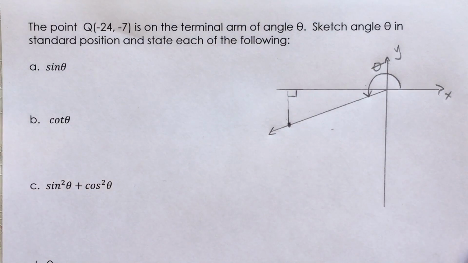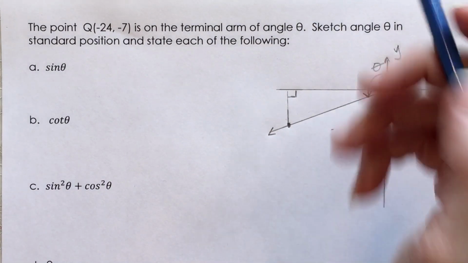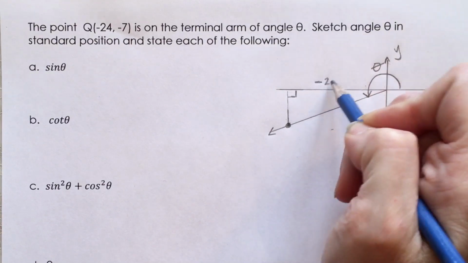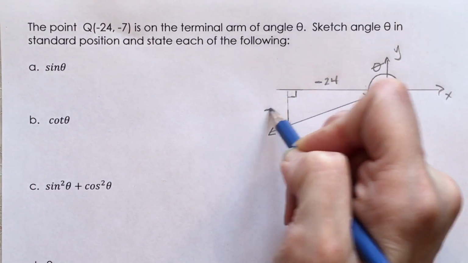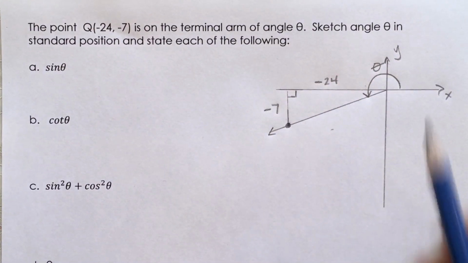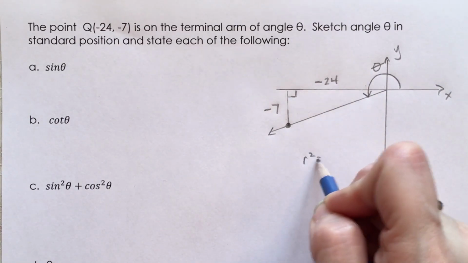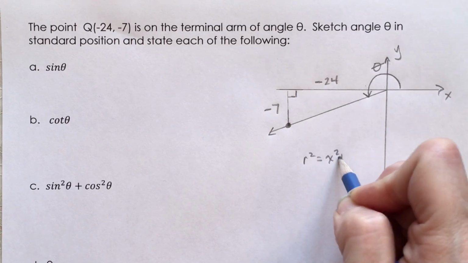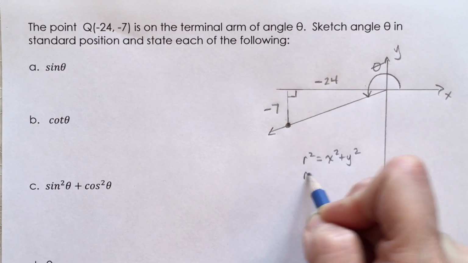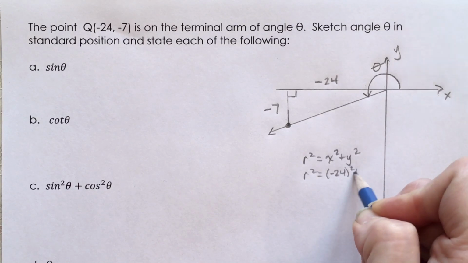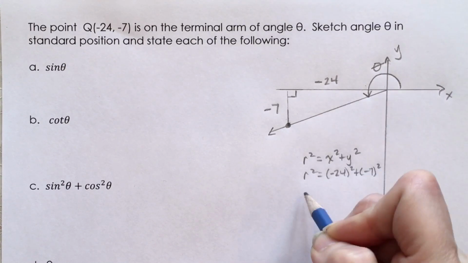And then we want to label the three sides of the right triangle that we made. So to get to this point, we knew that the x was negative 24 and the y value is negative 7. And we still need to figure out the r. So we're going to use the Pythagorean relationship. So negative 24 squared plus negative 7 squared.